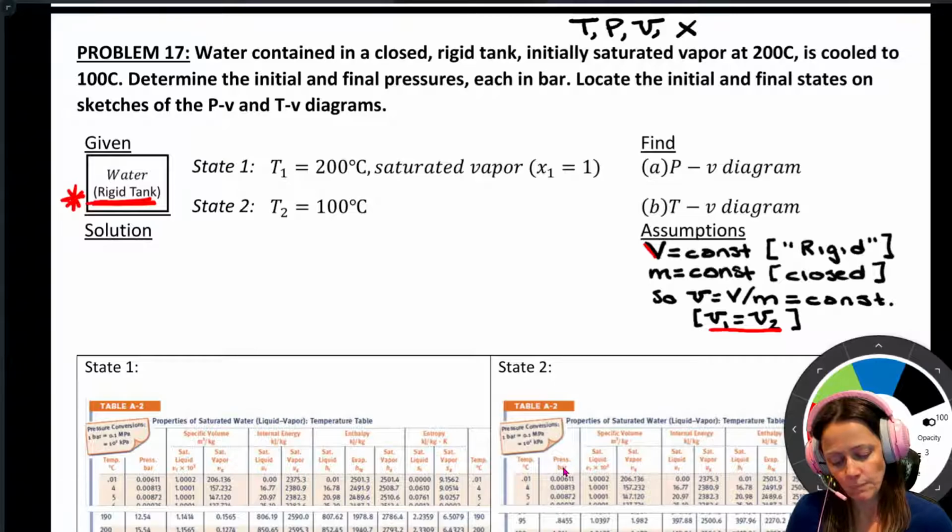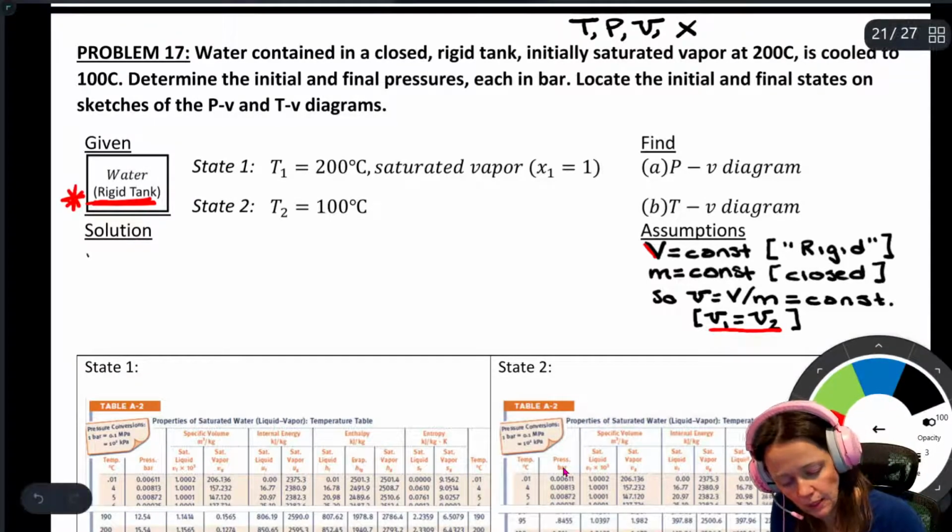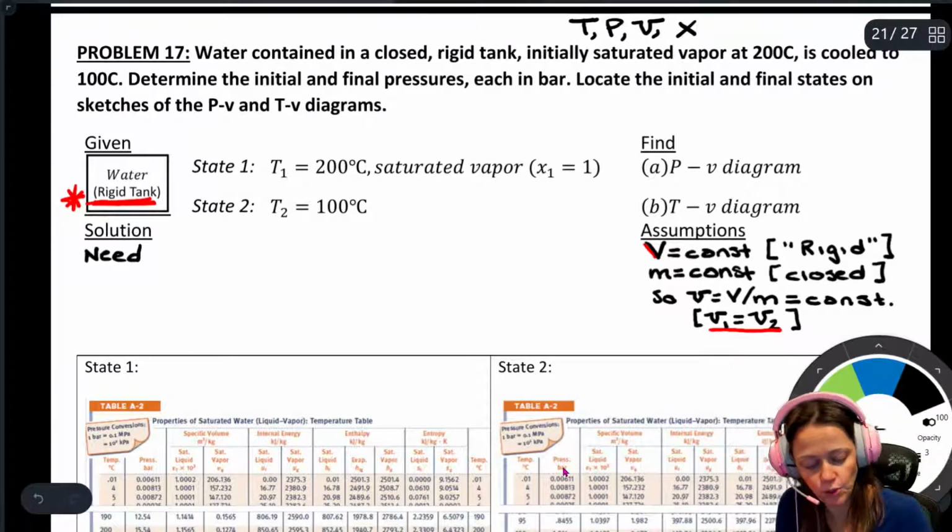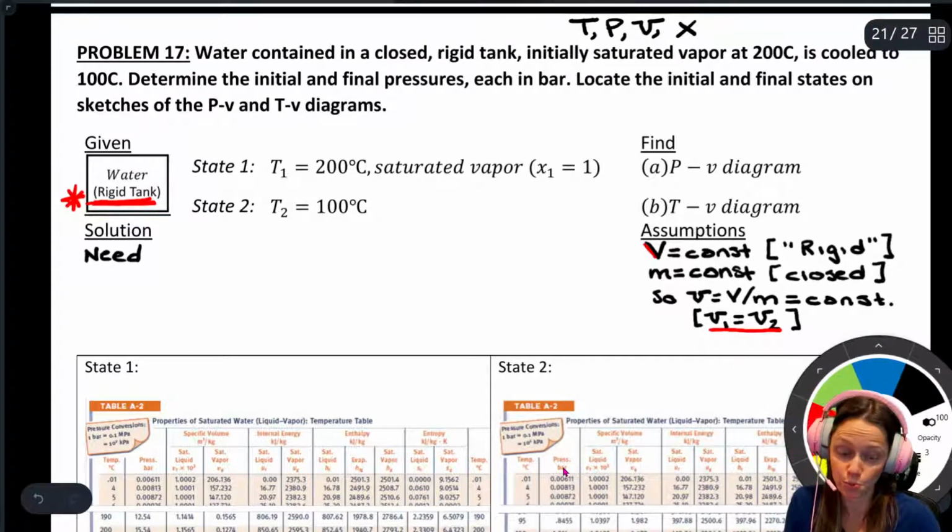Okay. So we want to find the initial and the final pressure, each in bar, and we want to locate those on a PV and a TV diagram. So I've just put that we're going to draw a PV and a TV diagram because, in correctly drawing those, we're going to find those pressures.